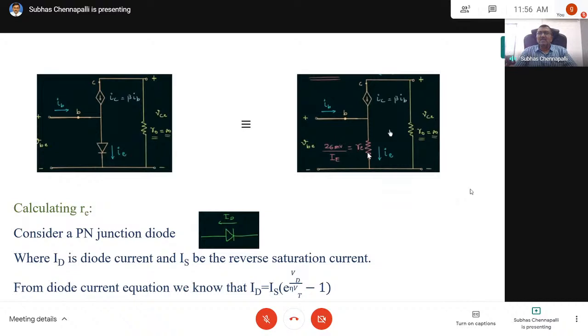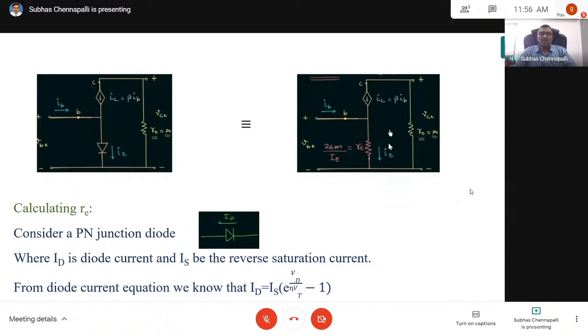For a given transistor, I will be given beta, then you can arrive at the collector current when this current is known. Then you can calculate the dynamic resistance. So this is your final model, and the output resistance you can always make infinity.